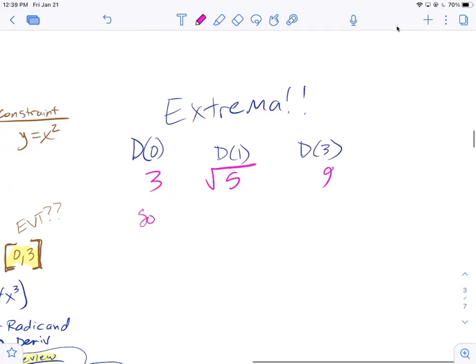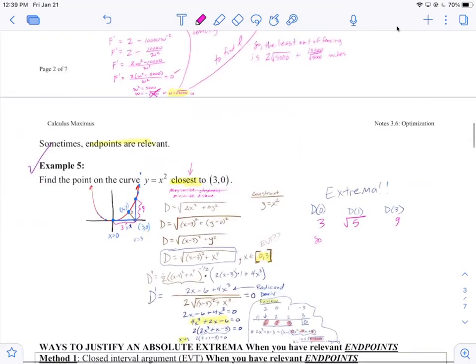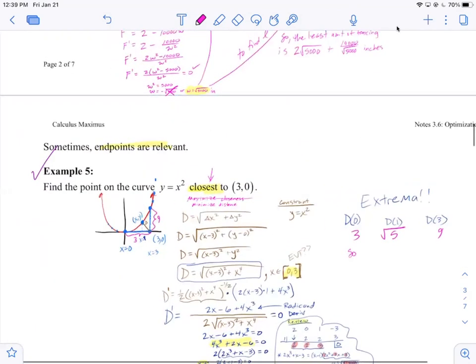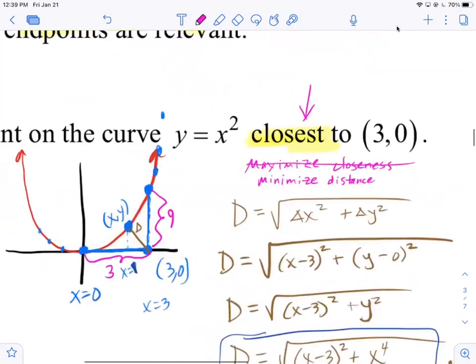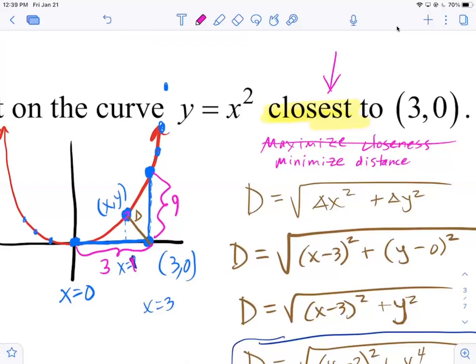And now did it ask for the distance or did it ask for the point? Find the point on the curve, right? So the closest point is 1 comma, is it 1 comma square root of 5? It asks for the closest point on the graph. All right, here it is.